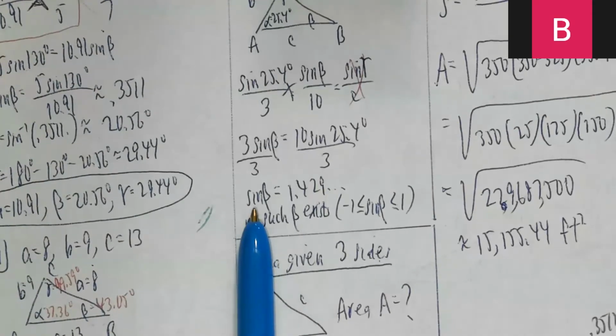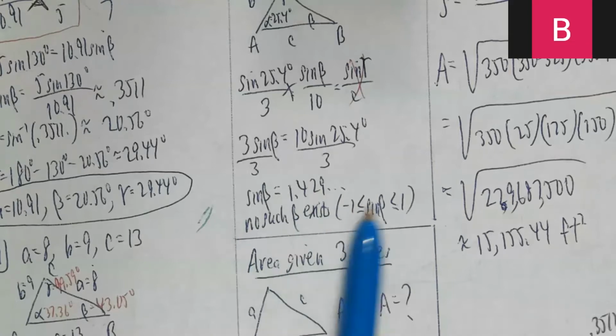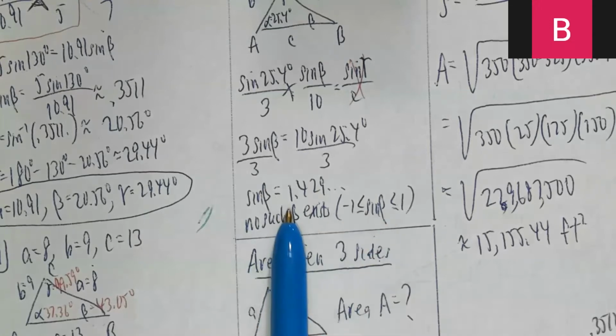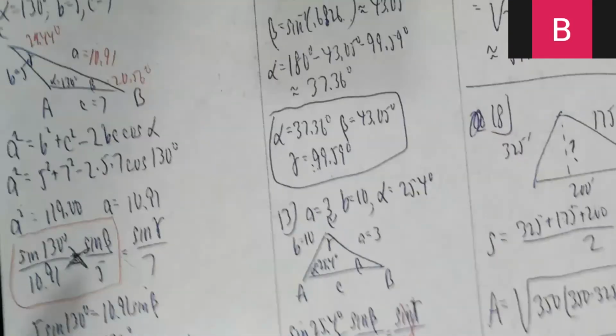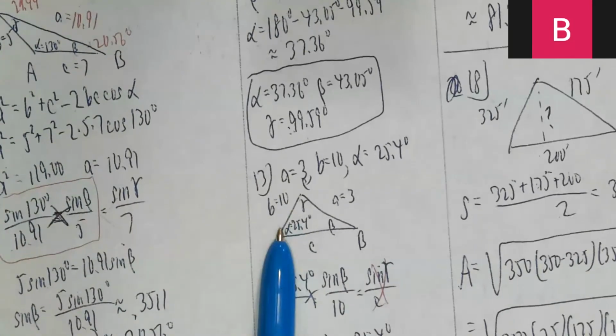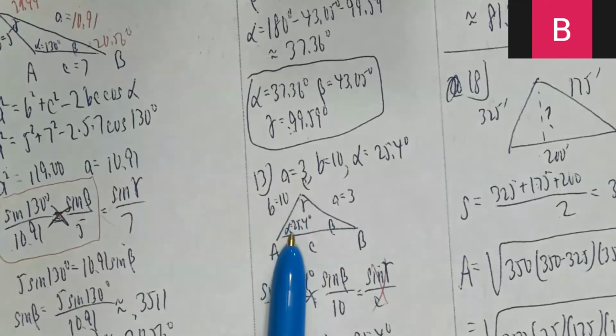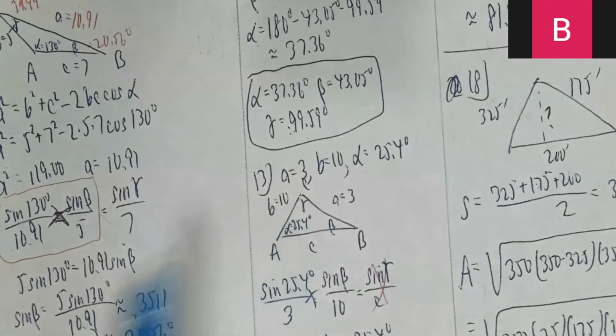Because we know the sine of any angle has to be between -1 and 1. Sine of beta, sine of theta, sine of anything is between -1 and 1. We cannot get the sine of beta to be 1.429. So bottom line, such a triangle does not exist. You cannot make a triangle so that A is 3, B is 10, and this angle is 25.4. It's impossible to make such a thing.